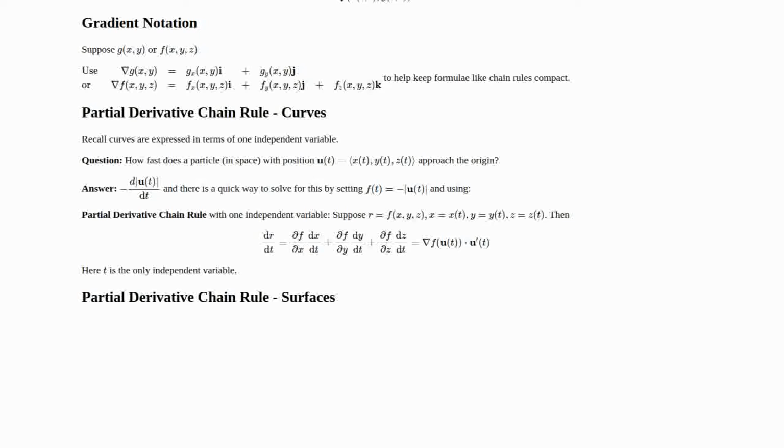Suppose that r is equal to f(x,y,z), and x is equal to x(t), y is equal to y(t), and z is equal to z(t). So they themselves are functions of one independent variable.